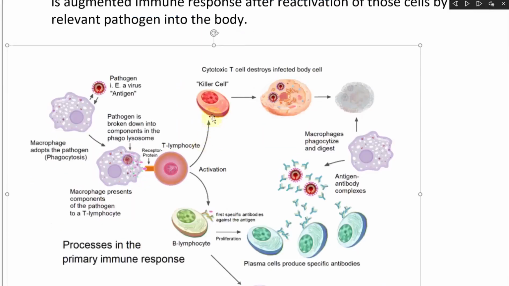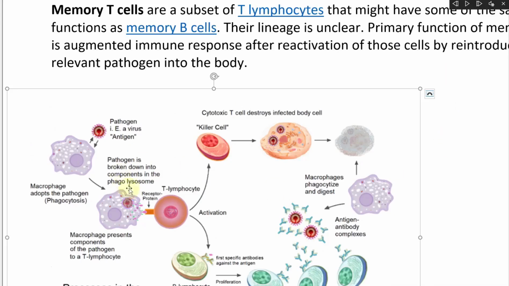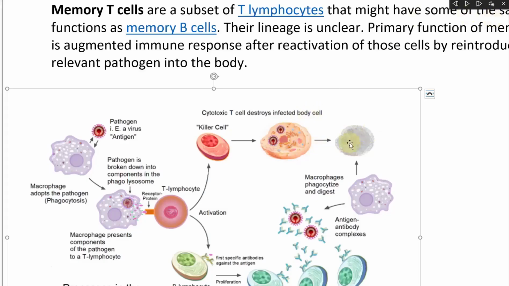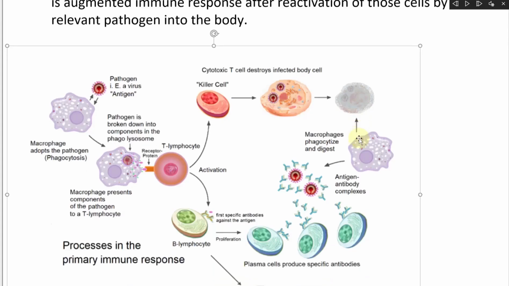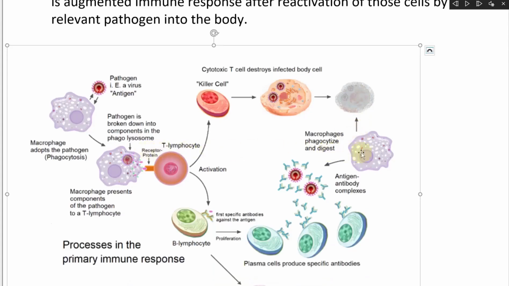So it goes in and destroys whatever cells are infected by this pathogen. The killer cell kills all these, and this just dies out over there. And then here, macrophages phagocytize and digest. So this goes and eats this over here and breaks that apart.